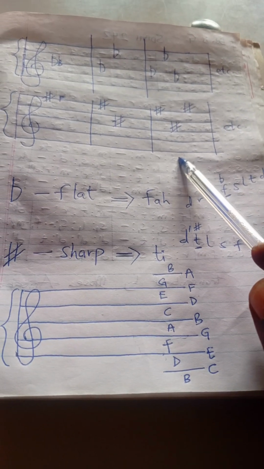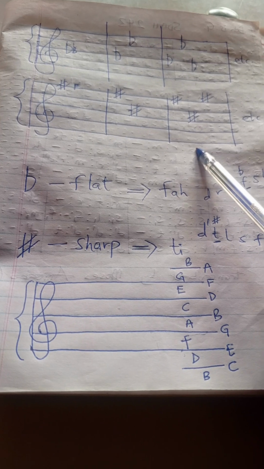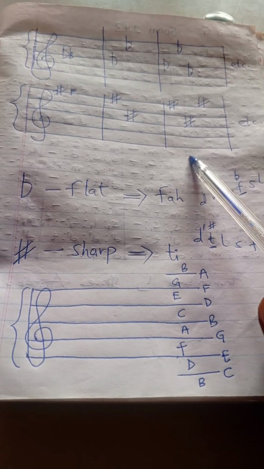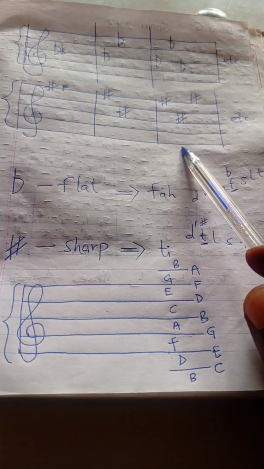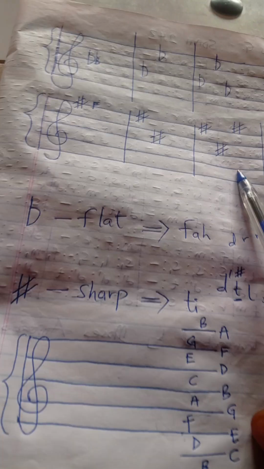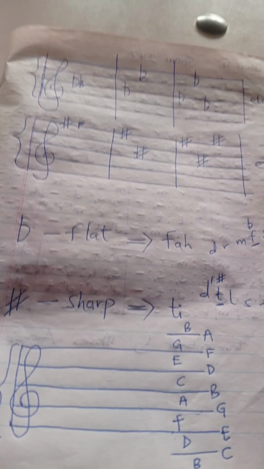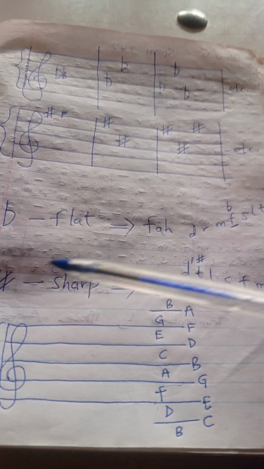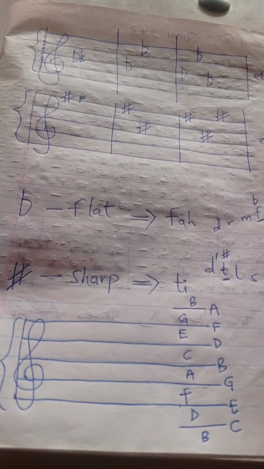You get a music score, and they ask you what is the key in which that particular music score is written, and you don't know. How are you going to determine the key in which that song was written? We are going to use these two symbols here to determine the key of any song that we get.